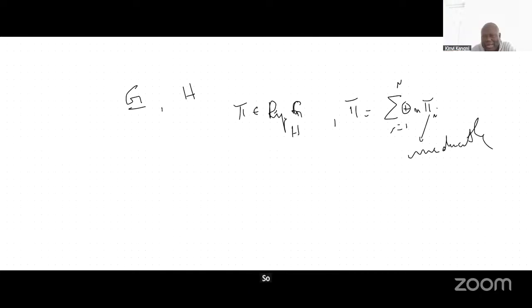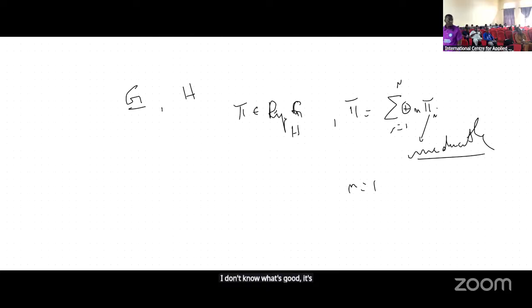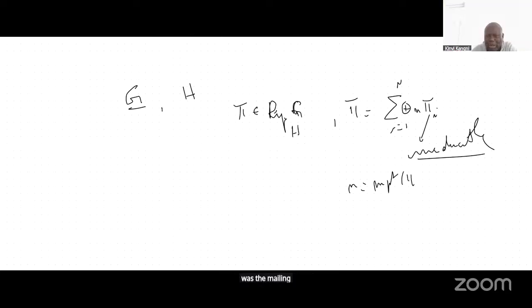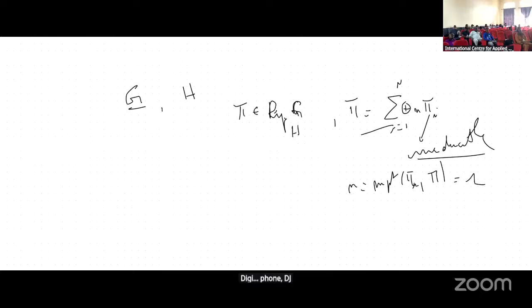When your representation pi is multiplicity free, n, which is the multiplicity of pi_i in pi, is equal to 1. Then you can write your representation as the direct sum like this.